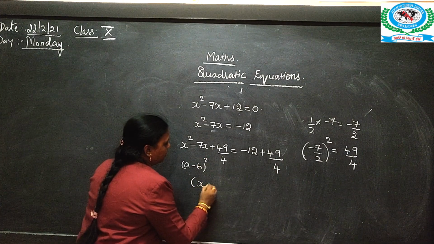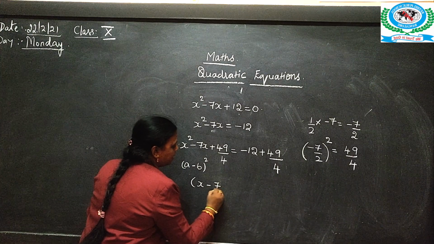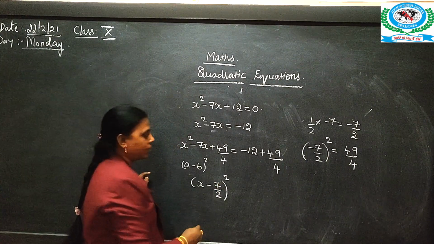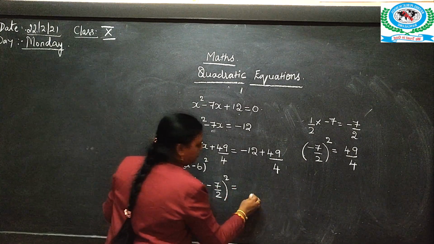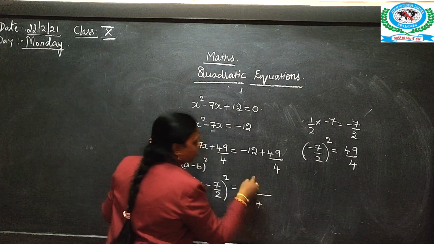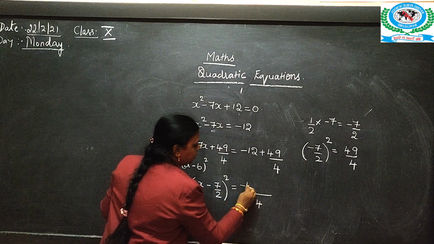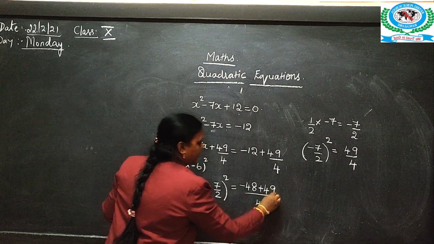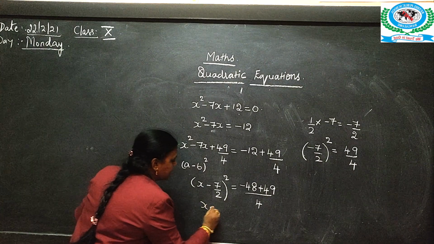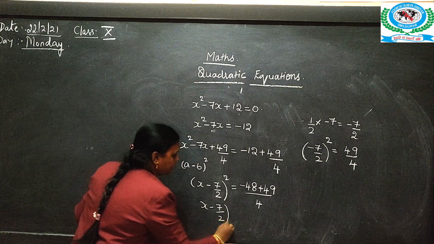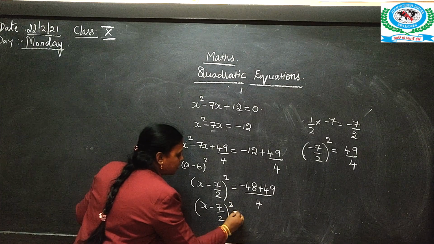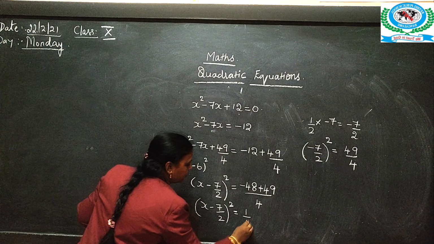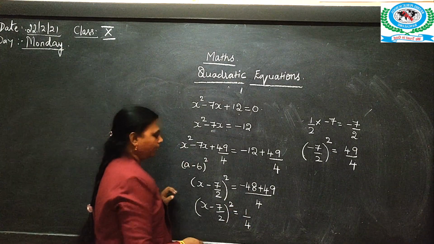So x minus 7 by 2 the whole square is equal to, take the LCM, so it is 4. So 12 into 4 it gives me minus 48 plus 49. Okay. So x minus 7 by 2 the whole square is equal to 49 minus 48 is 1 by 4.